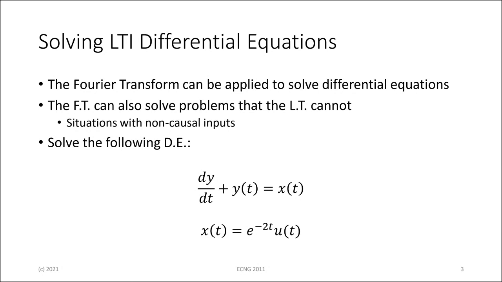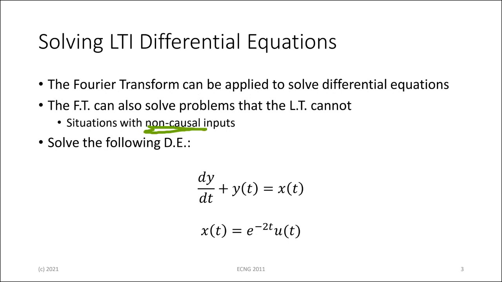Once the equation was transformed, you could use the properties of the Laplace transform and solve the differential equation. The same thing happens here with the Fourier transform. It can solve any problem that the Laplace transform can solve, but it can also solve problems where you have non-causal inputs, right?